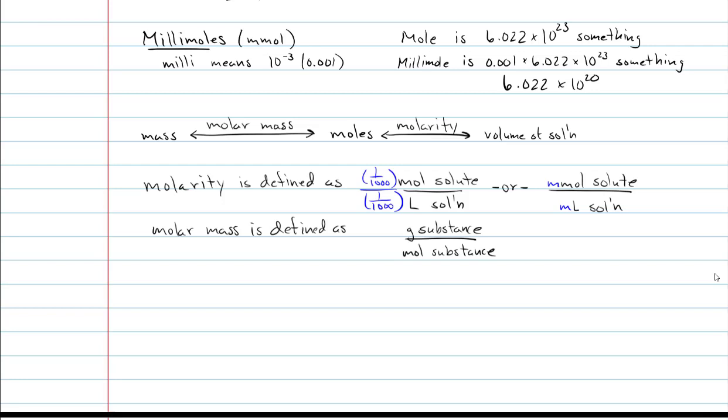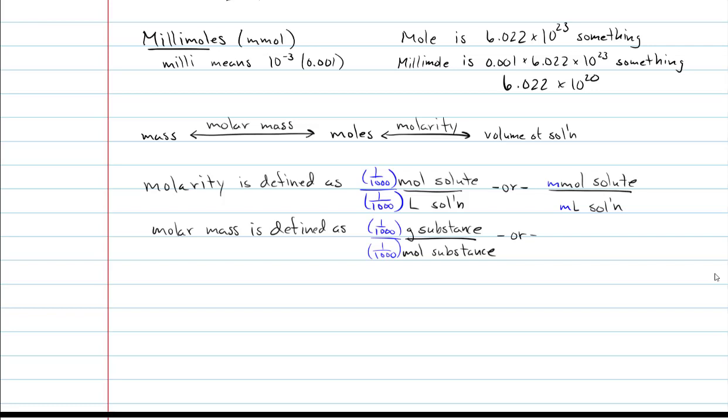Let's just say I want 1,000th of a gram for every 1,000th of a mole. You agree that multiplying by 1,000th over 1,000th is the same as multiplying by 1. So that doesn't change the value of the molar mass at all.